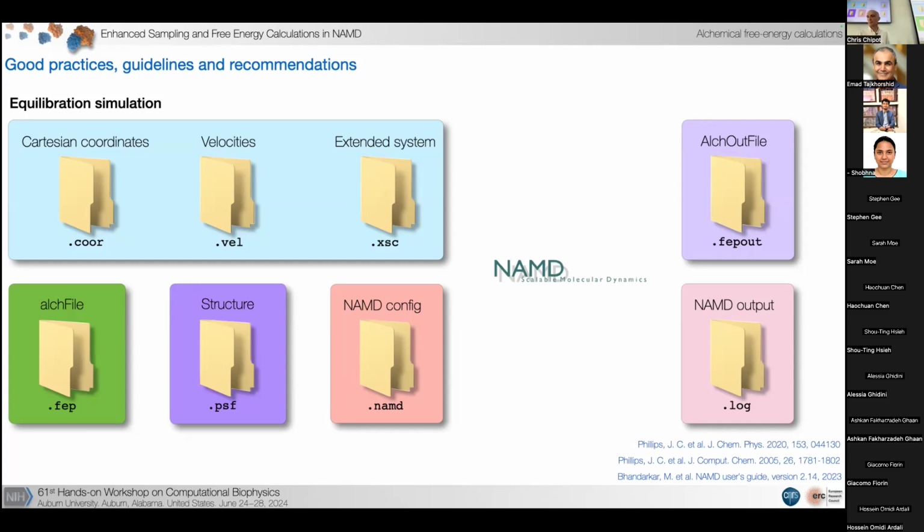Yes? The PSF, so if you're changing, let's say, lithium into rubidium, the parameters are very different for the two ions. You just start with lithium and somehow the parameters are gradually morphing into the rubidium. Do you represent that in the PSF?